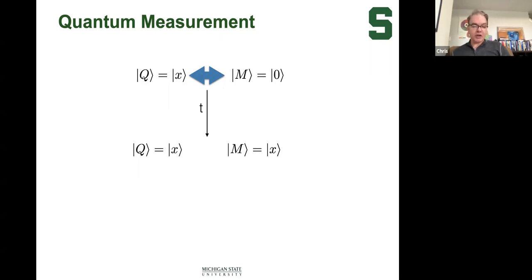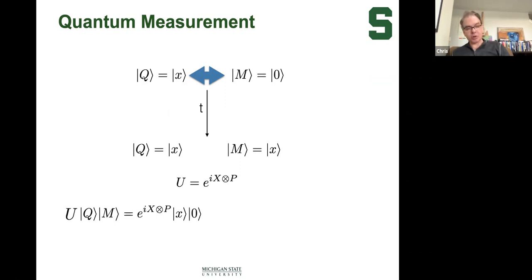The answer is there's a very nice unitary operator that does that. It's e to the i position operator times momentum operator, where that is the Hilbert space product. Let me show you how that works. I act on this product state of the quantum state and the measurement state with this unitary operator. You see that the X operator applies to the X state and puts the eigenvalue there.